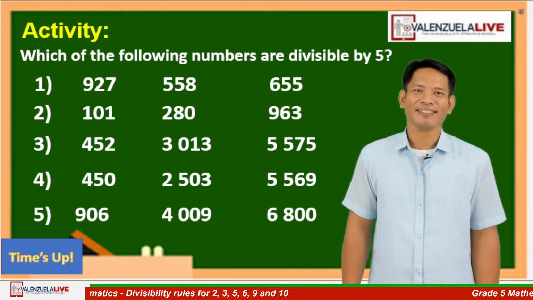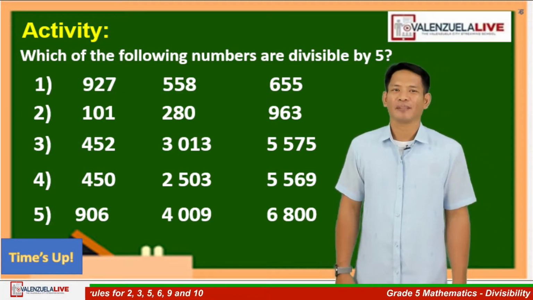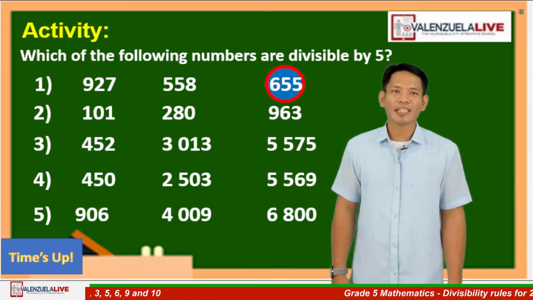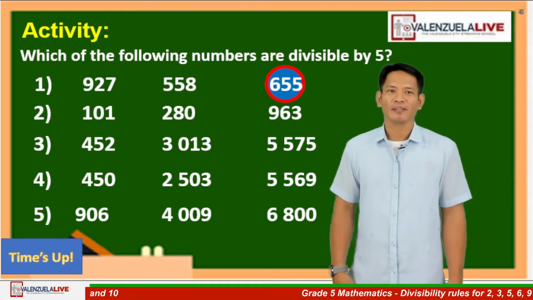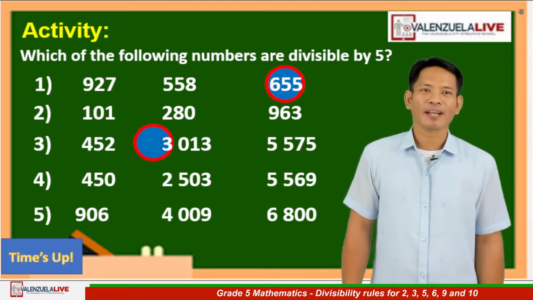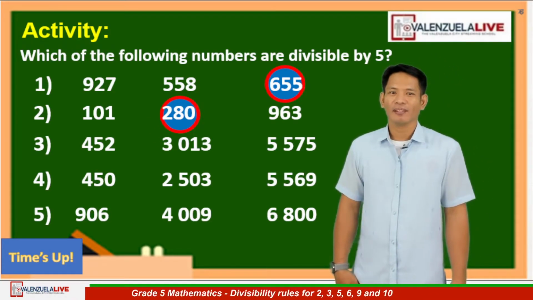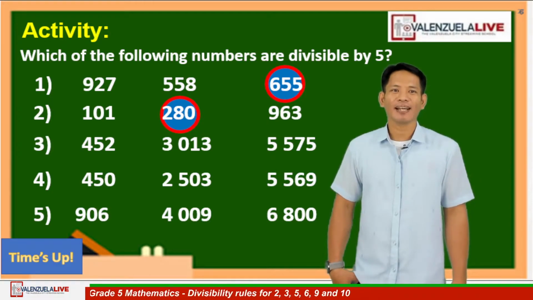In number 1, which of the numbers are divisible by 5? Of course, the correct answer is 655, since the last digit is 5. How about in number 2? The correct answer is, of course, 280. In number 3, what is the correct answer?